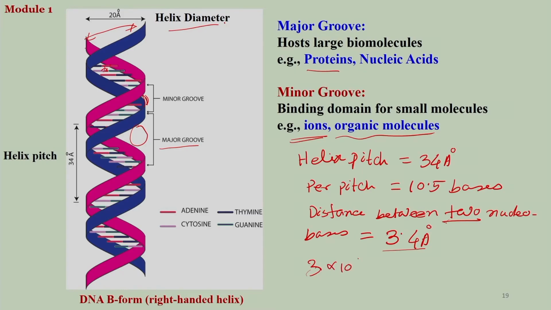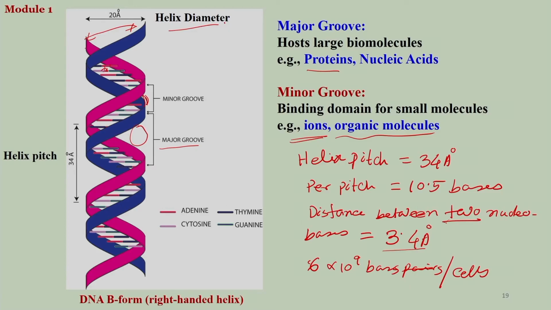So, 3 into 10 to the power 9 base pairs per cell. Since DNA is a double helix, that makes a total number of 6 into 10 to the power 9 bases per cell.